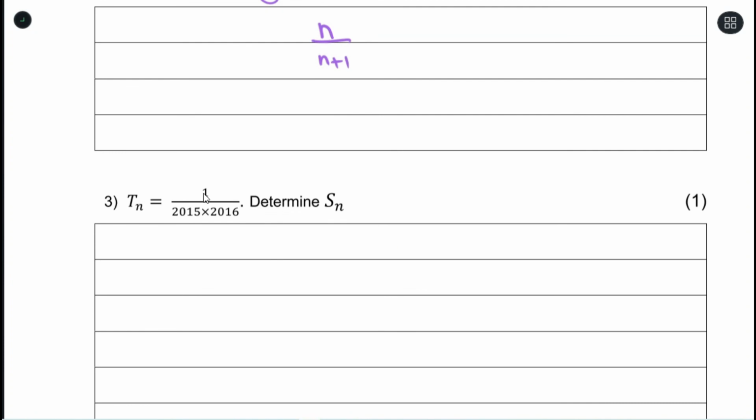So if Tn is 1 over 2015 times 2016, we understand that this comes from T2015. And if you are getting the sum, which will be S of 2015, then your final answer will just be 2015 over 2016, as you know. That's the formula there, n over n plus 1. That's it.